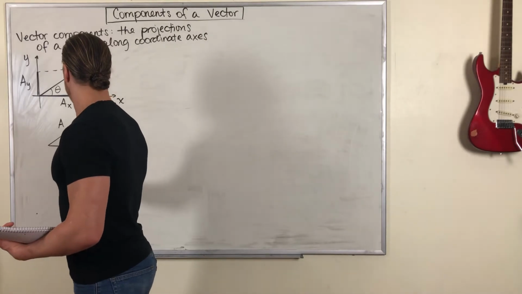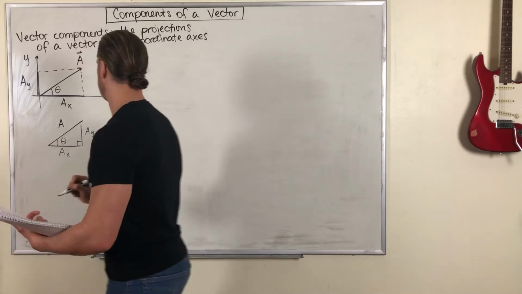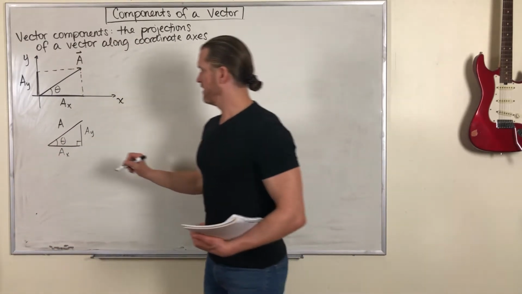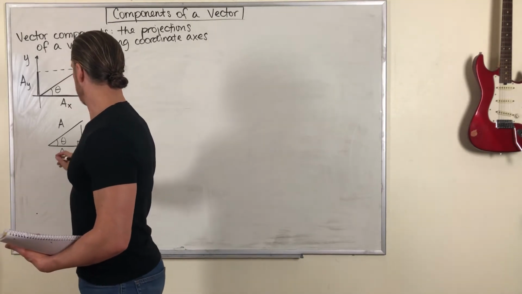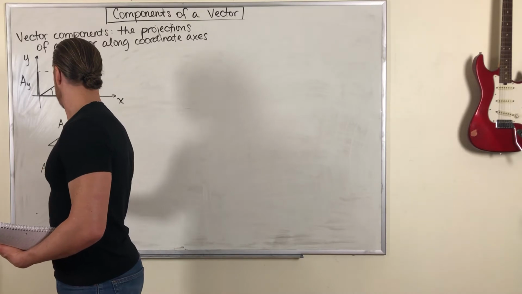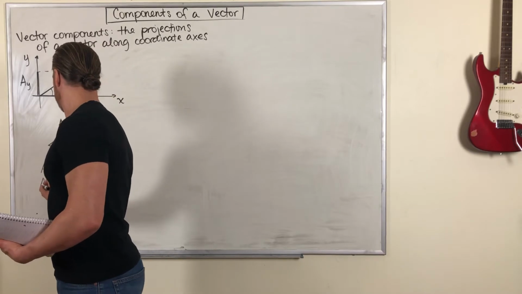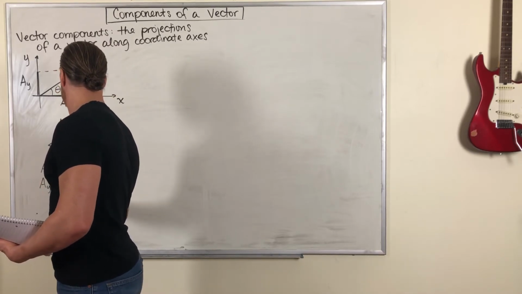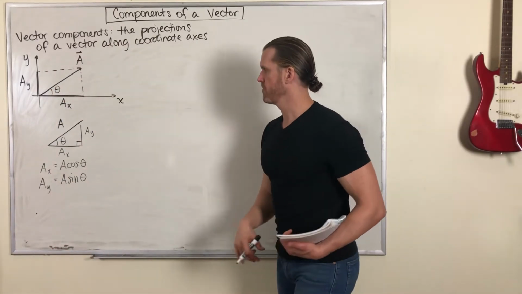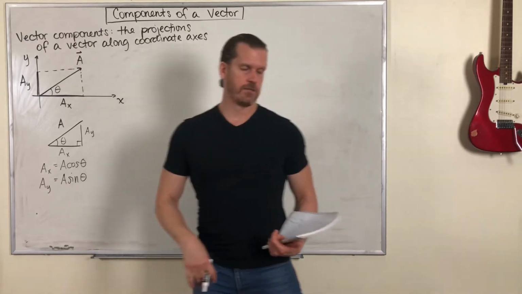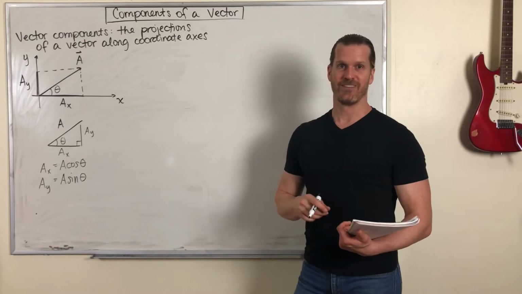So here's A_x, here's A_y, there's the angle, and if you remember your trigonometry, SOHCAHTOA, A_x is A cosine theta, A_y is A sine theta. So this is how you find the components of a vector if you know its magnitude and angle.